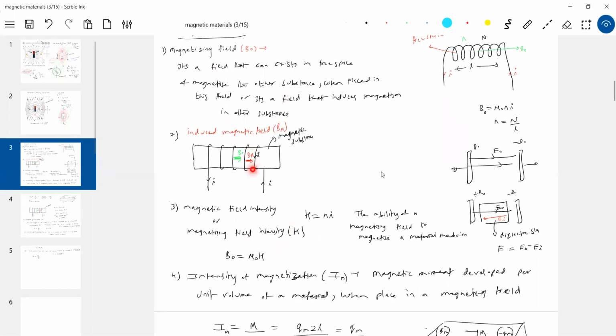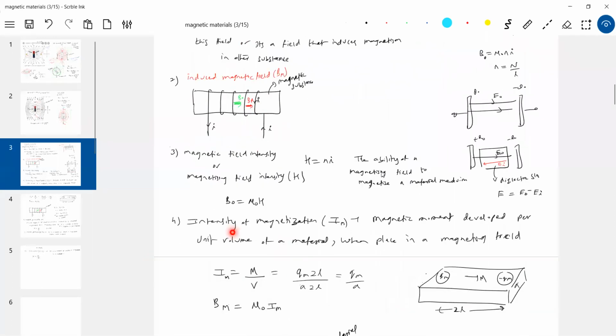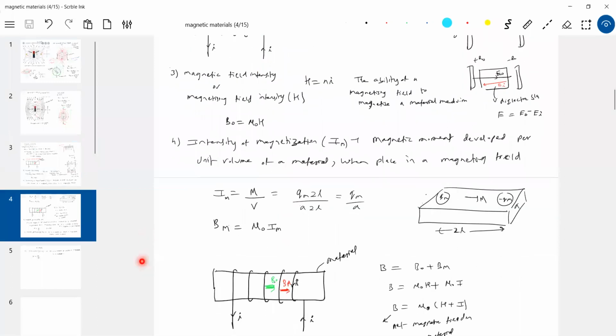Induced magnetic field Bm, because in the material some magnetism will be induced, that is Bm. Next, again, how much the substance got magnetized. What is this? Magnet developed per unit volume of material when placed in a magnetic field. In other ways, you can define intensity of magnetization: it's a measure of how much a substance got magnetized when placed in a magnetic medium.